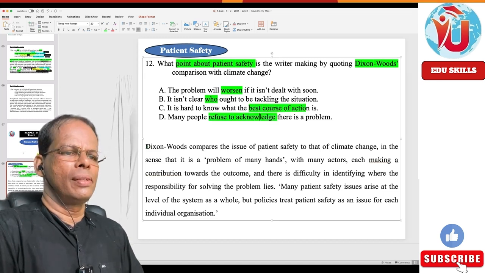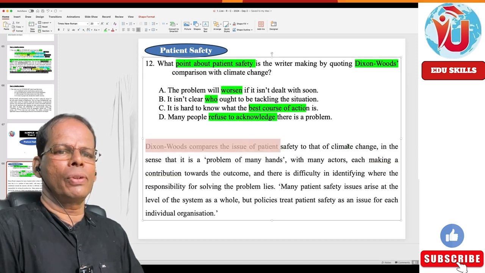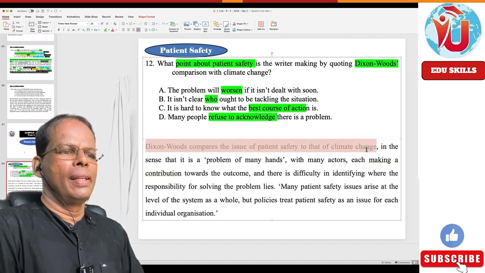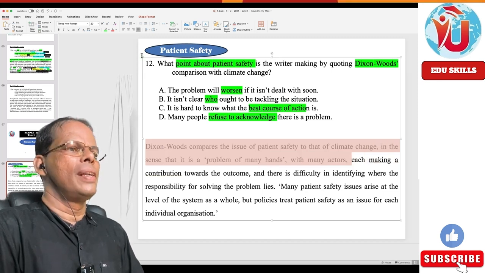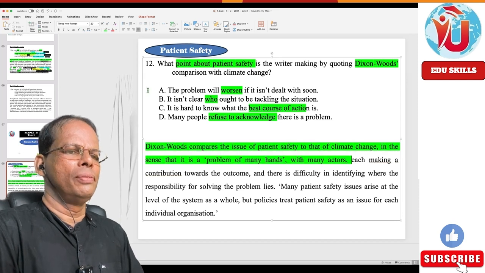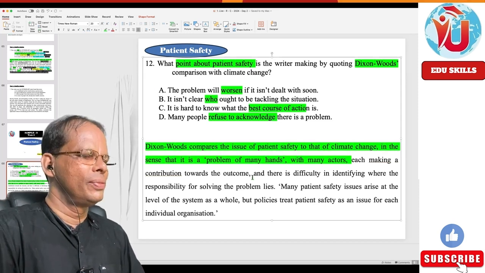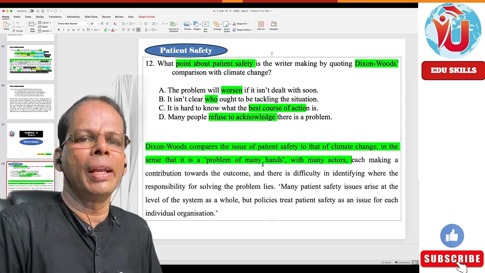Coming to the topic sentence. What is the topic sentence? Dixon Woods compares the issue of patient safety to that of climate change in the sense that it is a problem of many hands. Any similarity with any answer option? It's who ought to be tackling. Who has to do it? Like climate change.